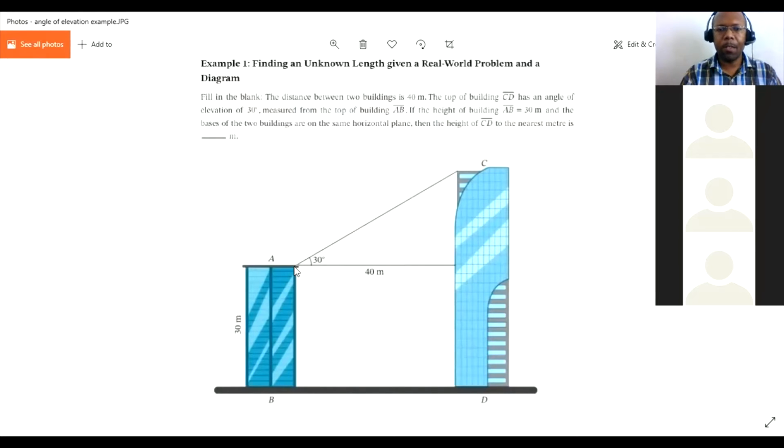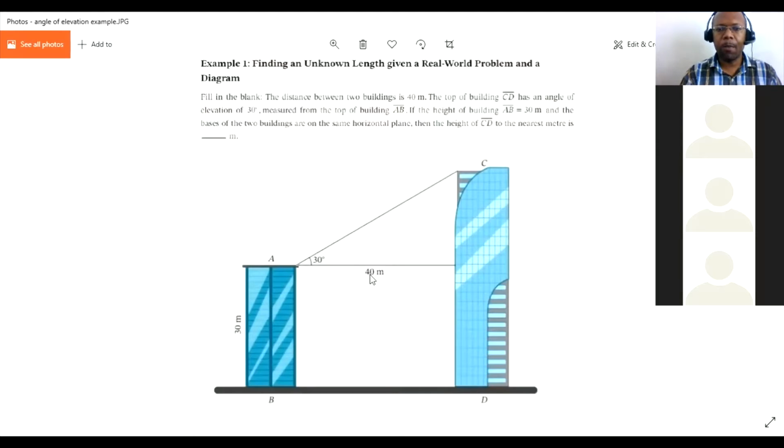So someone is up here looking up at another building, looking at the top of another building. If the height of building AB is 30 meters, and the bases of the two buildings are on the same horizontal plane, then the height of CD to the nearest meter is.